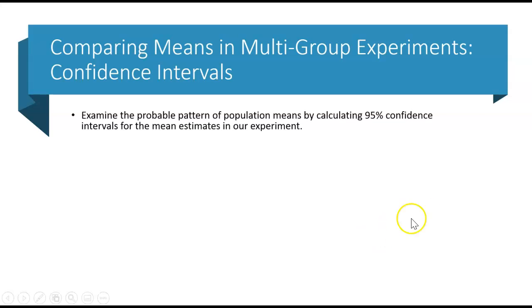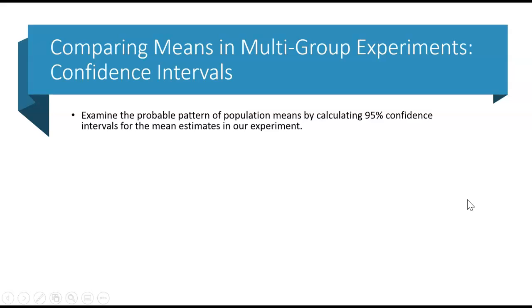What we want to do is look at the pattern in the means by making some estimates of what the population means should be like, or are most likely to be like, and we're going to calculate, just by convention, a 95% confidence interval. In a way, you're able to say, I've got this sample mean.